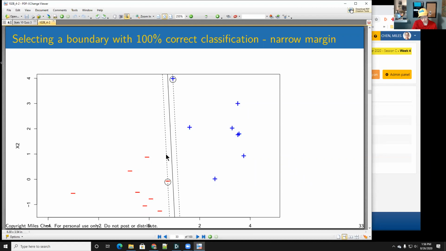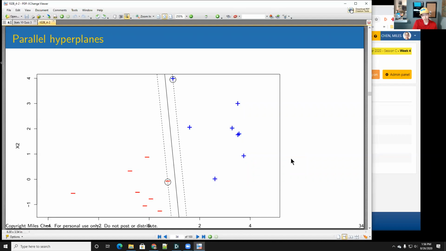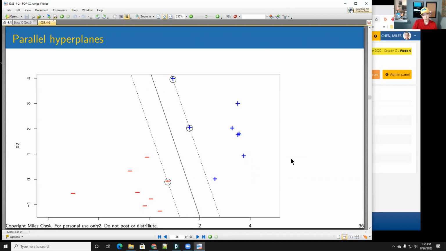But the margin between them, which is the distance from one dotted line to the other, is fairly narrow. What if I take a slightly different angle? If I choose an angle like this, these dotted lines are still hyperplanes that correctly separate the blue from the red, but the distance between the two hyperplanes is much wider.